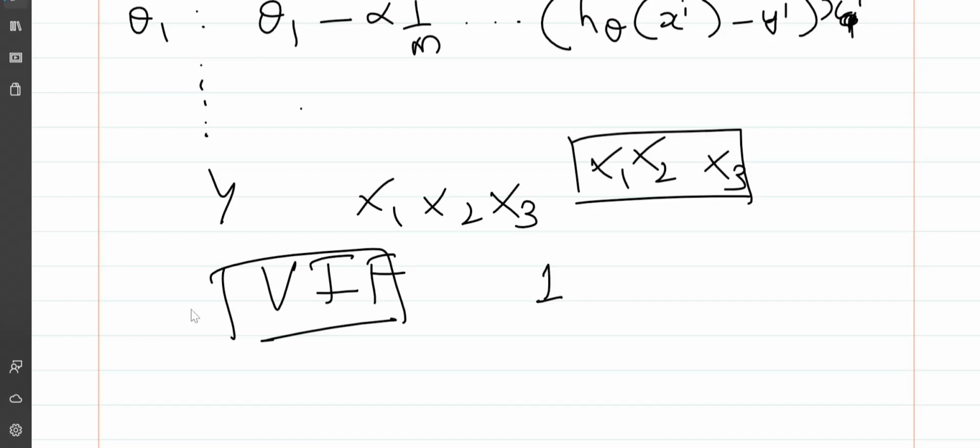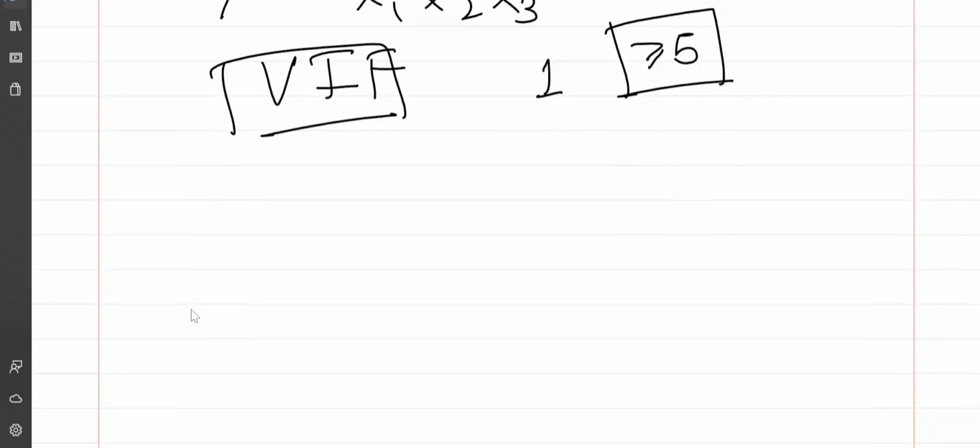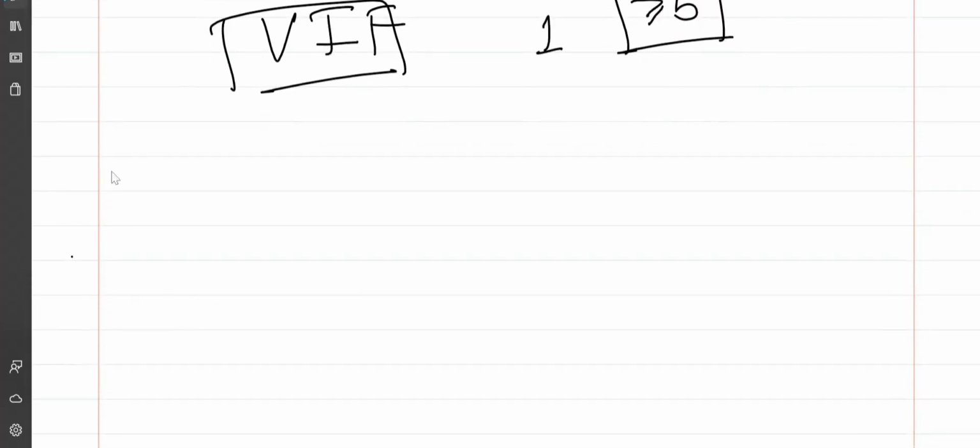So when you are trying to find a VIF value for two independent variables and it comes out to be greater than or equal to 5, then you can assume that these two independent variables can become problematic because they have a high correlation between them, and this can cause severe problems while you are trying to fit the model.